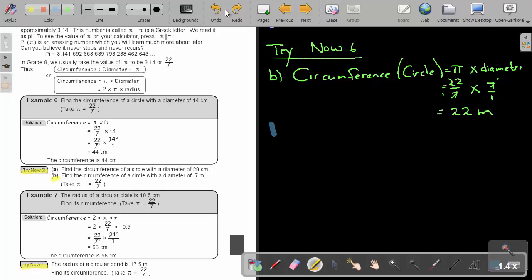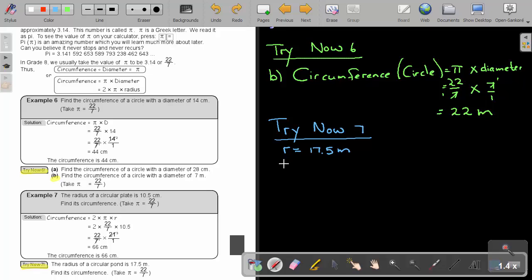So this will be try now 7. Okay, the radius of a circular pond is 17.5 meters. So remember, the radius, we can write it down, is 17.5 meters. Find the circumference.